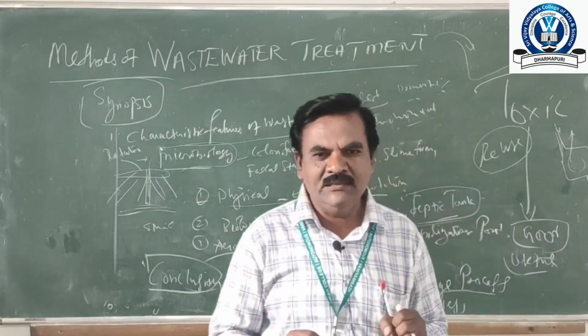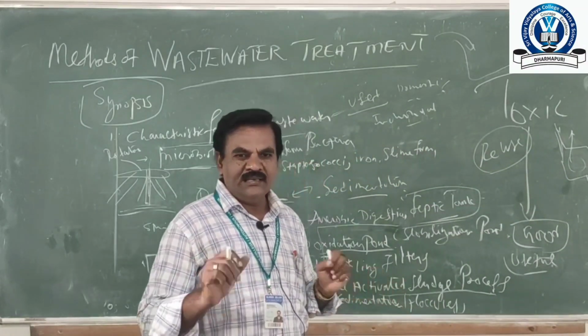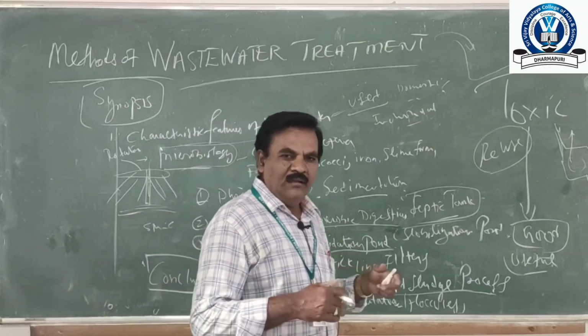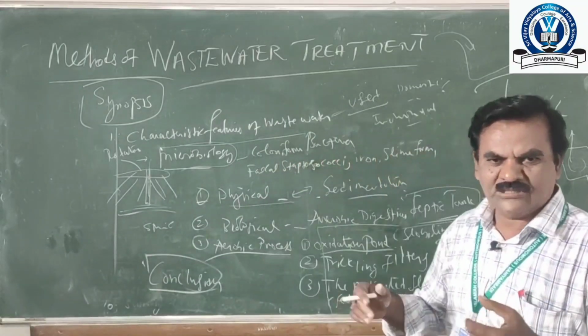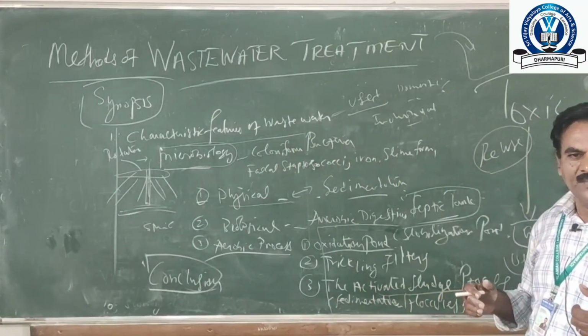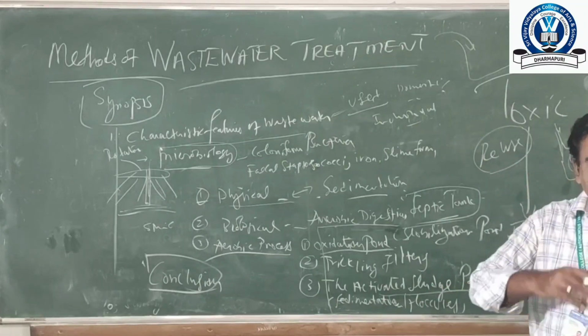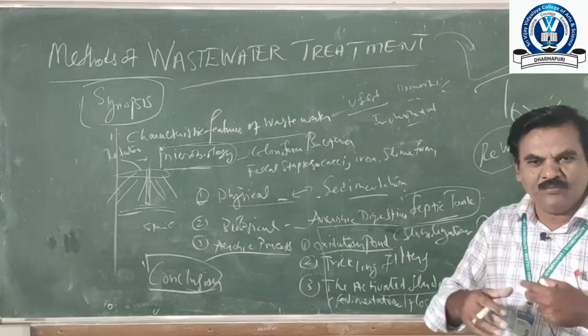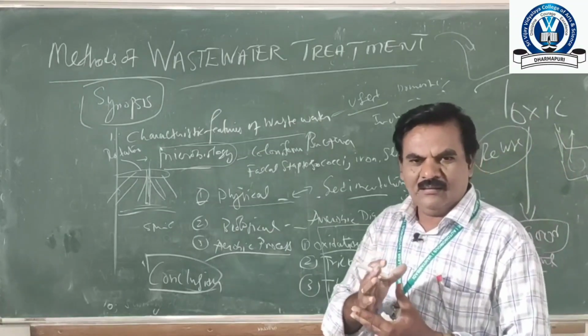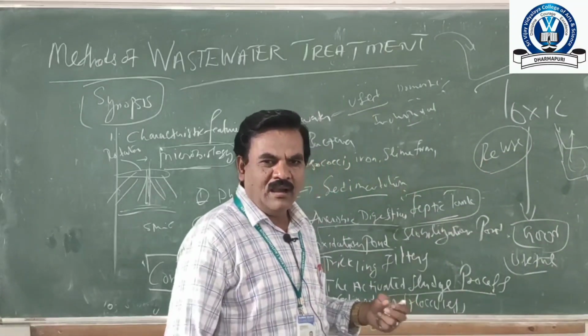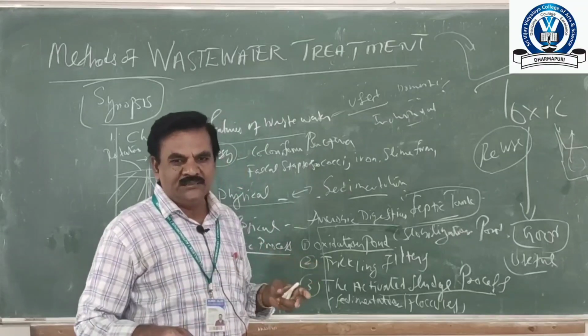For example, you can see the leather industry. The leather waste is like flocs. It should be digested, cut off, or broken down.